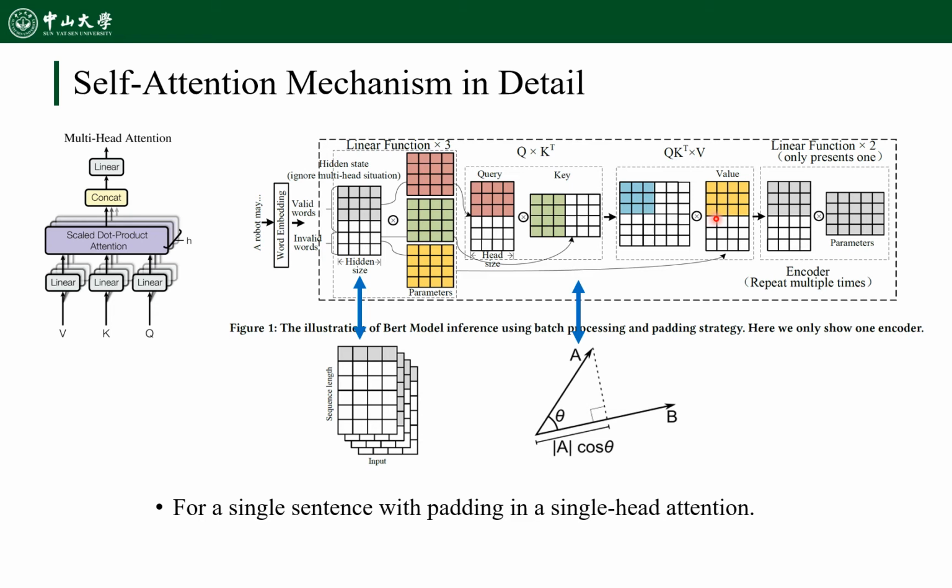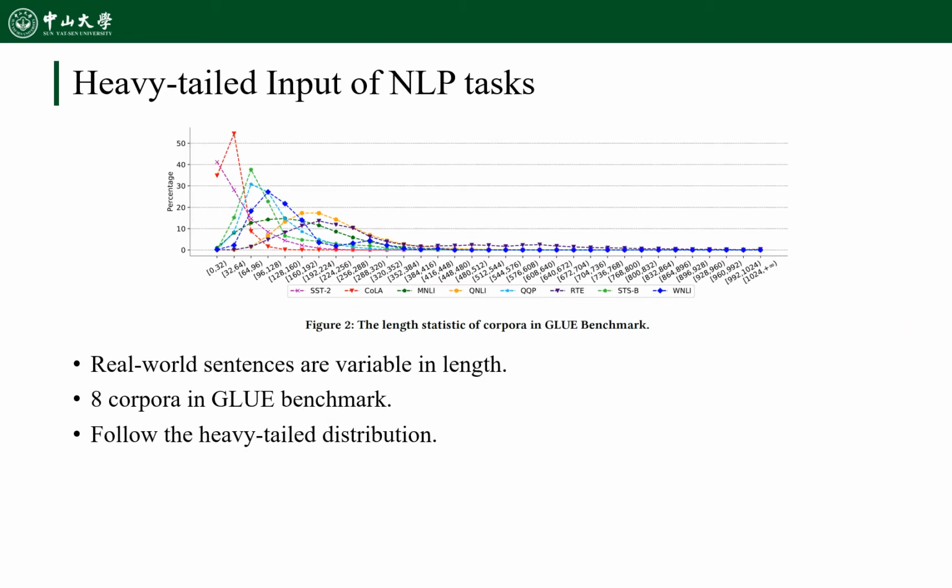The linear layer also suffers from the redundant computation problem. Uneven sentence lengths in a batch lead to the redundant computation problem. We further investigate the length of sequences in 8 corpora of the GLUE benchmark, which is a widely used dataset collection in the NLP field. To demonstrate the statistical result, we remove outlier sequences with extremely long lengths and cluster sentence lengths with 32 as a threshold.